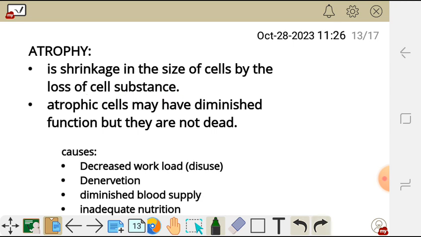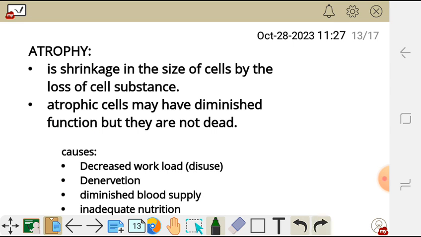First of all, trophy simply means growth, and this A means reduced. So atrophy is simply reduced growth of cell substance. Or in other words, you can just say reduction in the size of the cell is atrophy. Atrophic cells may just have diminished function, but they are not dead. Atrophic cells are not dead. They may just have reduced functions, but they are not dead.